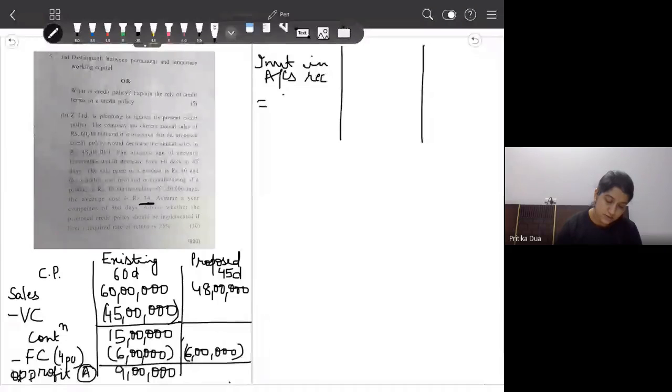So total cost is 51 lakh, and credit period is 60 days. So accordingly, you will get your investment. Investment in receivables is 8,50,000.